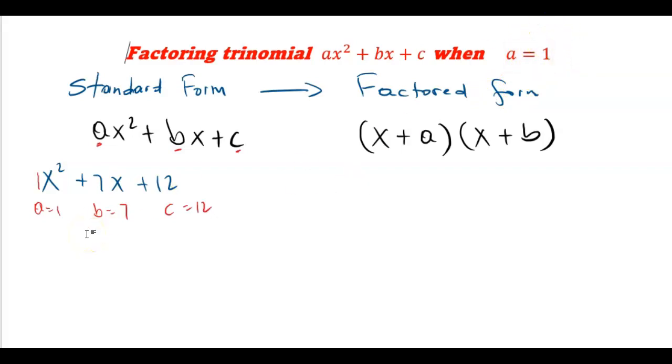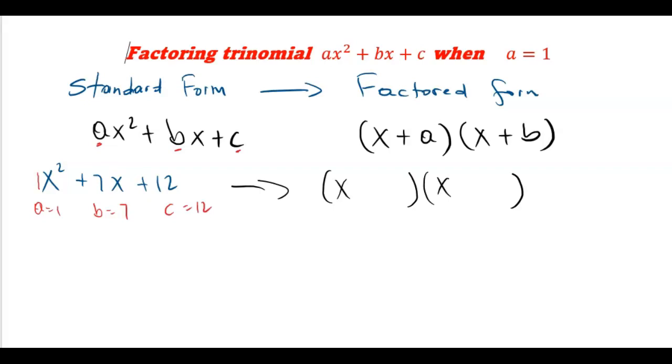Now, when your a value is 1, like this one, we want to take this expression, x squared plus 7x plus 12, and convert it to an expression in factored form: x plus some number, times x plus some other number.